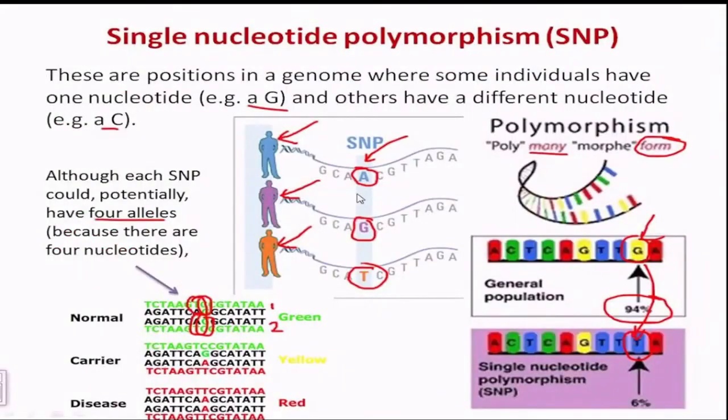So now I will tell you about single nucleotide polymorphism, SNP. These are positions in the genome where some individuals have one nucleotide and others have a different nucleotide. Each SNP could potentially have 4 alleles because there are 4 types of nucleotides.